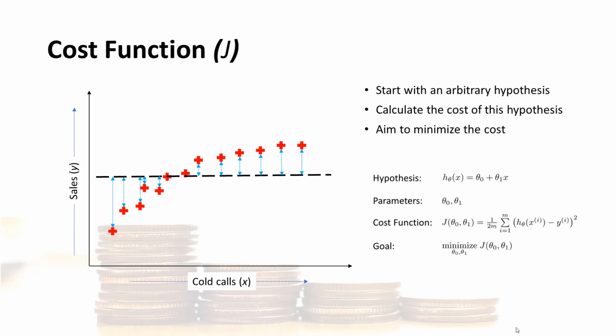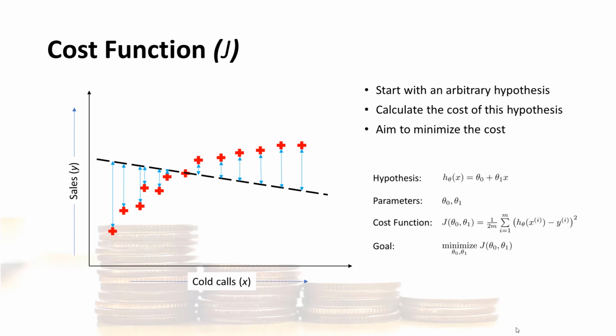In this example, let's say for trying to minimize this cost function, the machine changes the values of theta 0 and theta 1 in its hypothesis, and it ends up with a hypothesis something like this. But what happened? Here the error actually increased instead of decreasing. So overall the cost function of this hypothesis is greater than the previous one.